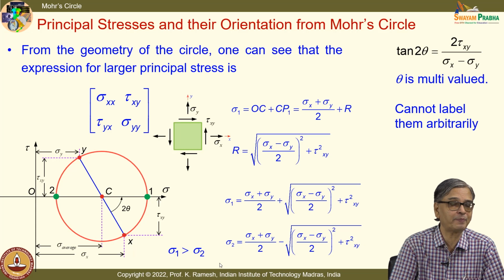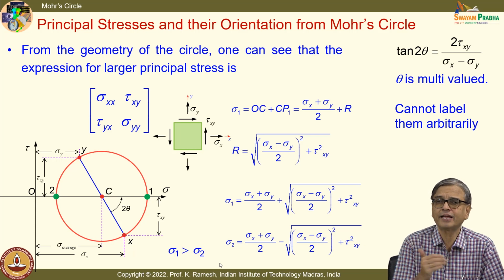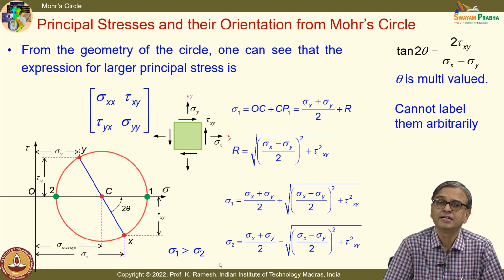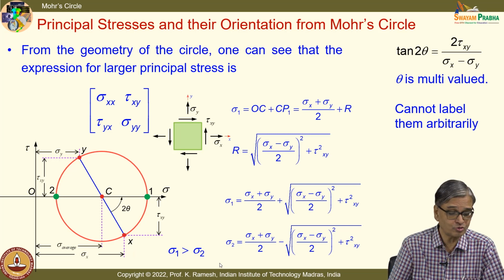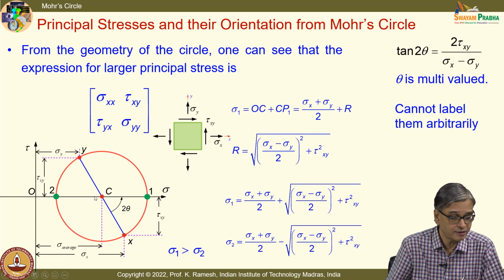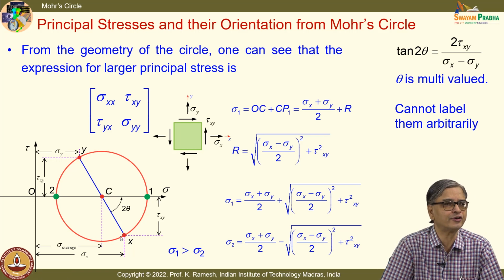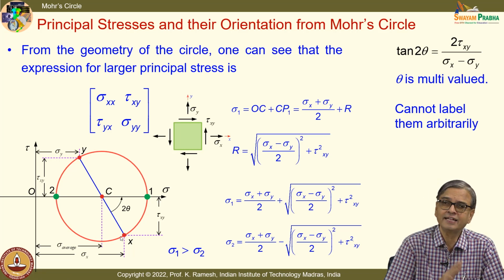I have taken a planar problem. If you are taking a 3-dimensional problem, you will have theta 1, theta 2, theta 3. You will have to go to Mohr circle and then find out the orientation of principal stress 1 and the orientation of principal stress 2 from the x plane or the y plane, whichever is convenient to you. Is the idea clear?